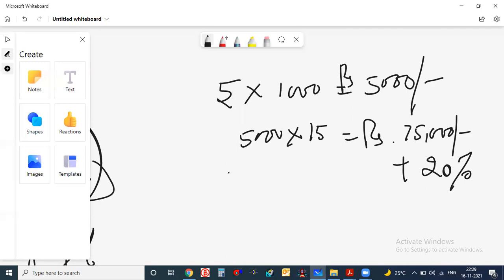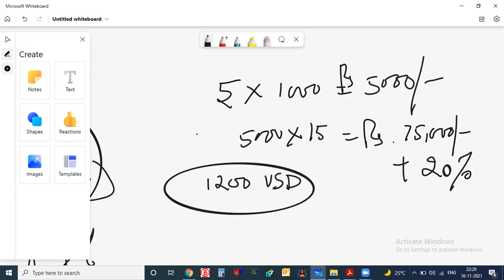If you convert that into dollars, it is almost $1,200, I think. I'm talking about the Indian situation. And this I'm telling if you don't have the firefighting installation team and you are outsourcing.